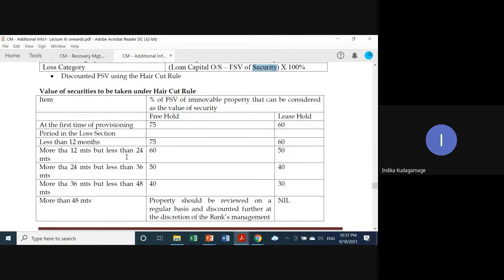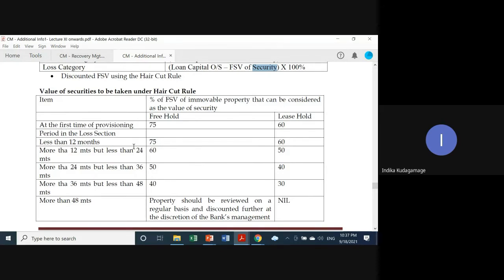Then we go to impairment provisioning. Impairment means it is not time-based. It is based on your knowledge of the risk of the customer, right? Earlier we used to do it purely on the number of days in arrears-based provisioning.